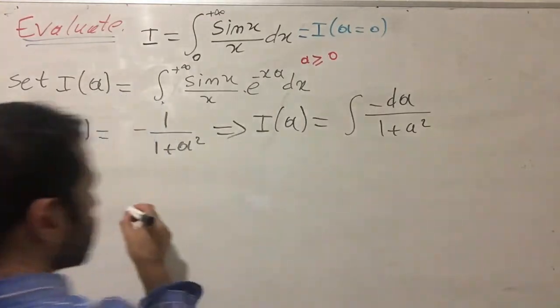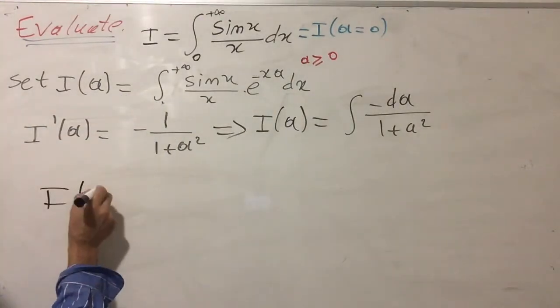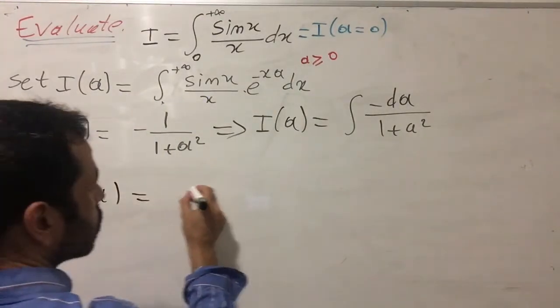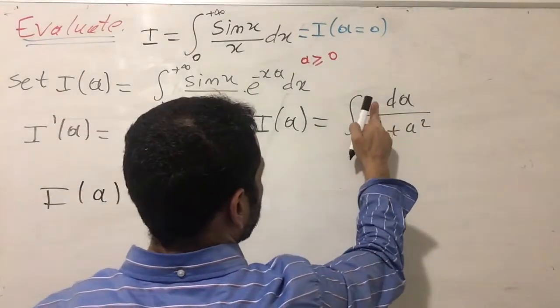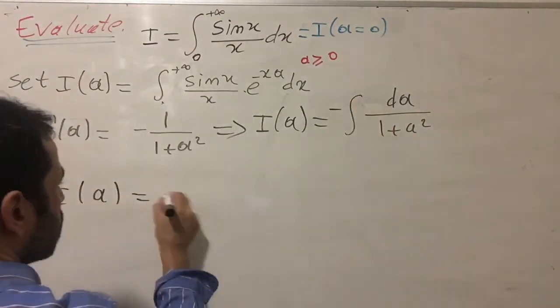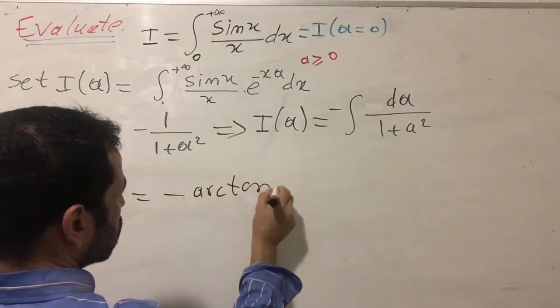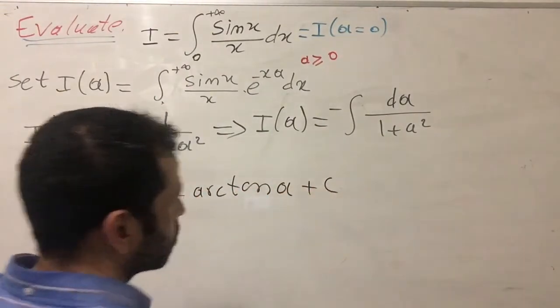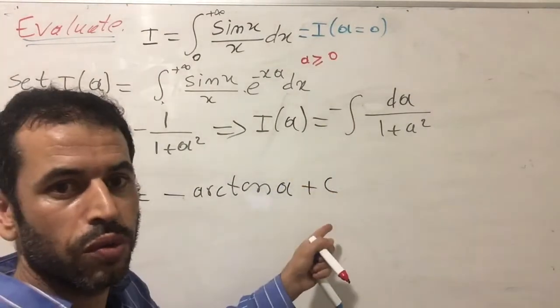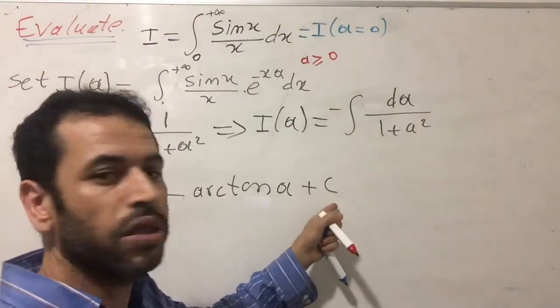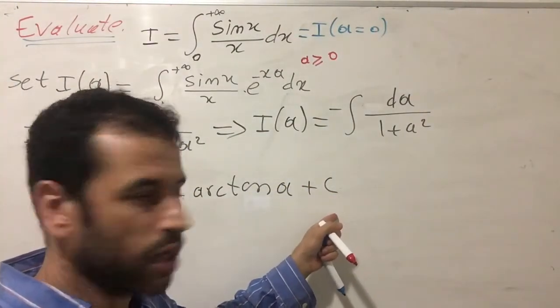As you see here, I of a equals, putting the minus sign outside of this integral, minus arctangent of a plus constant, because we don't have the bound. We must put the constant and find out the constant.